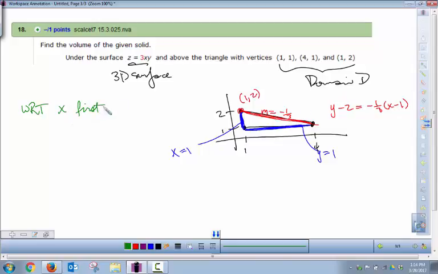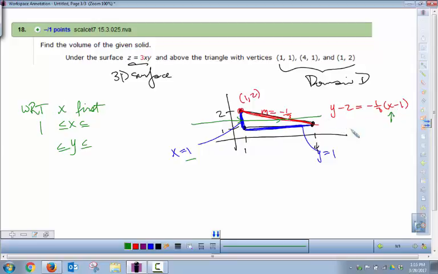So that means I want my x limits figured out first, which means I would draw a line parallel to the x-axis, and I would figure out that I'm going to enter through the region at x equals 1. And I'll be inside of the region. I'll be going out of this region when x is equal to, now I need to solve for x here, right?